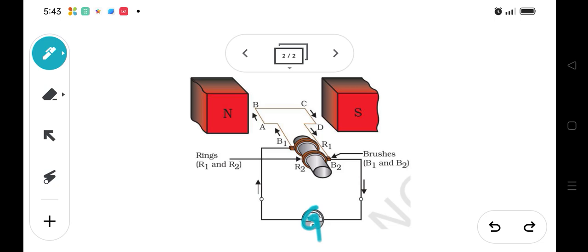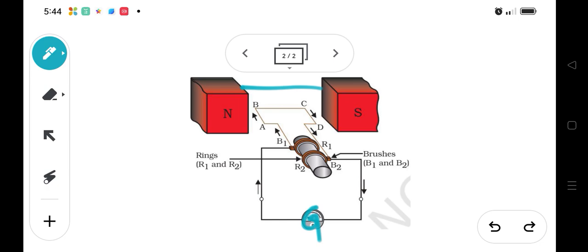Then we know that in between this north and south pole, we have magnetic field lines originating from north and ending at south. Now, what is really happening in a generator?